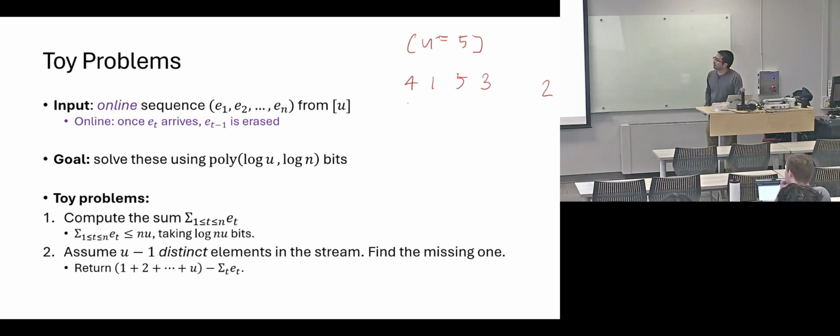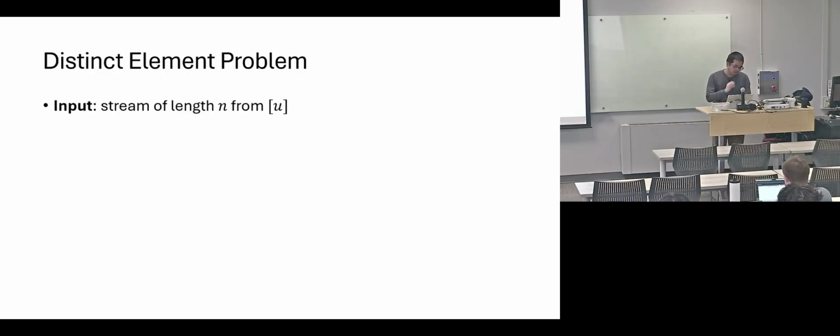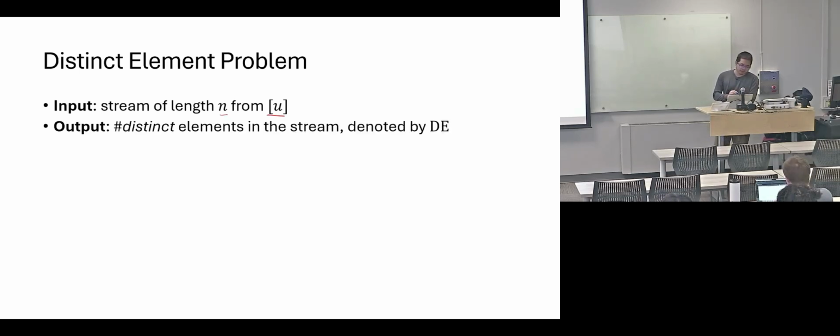Now the real problem that we can look at today is distinct elements, which is the problem where a website wants to count the number of unique visitors, for example. The formal description is here: you have a stream of length n from the universe u, and you want to output the number of distinct elements in the stream, which I denote by DE.